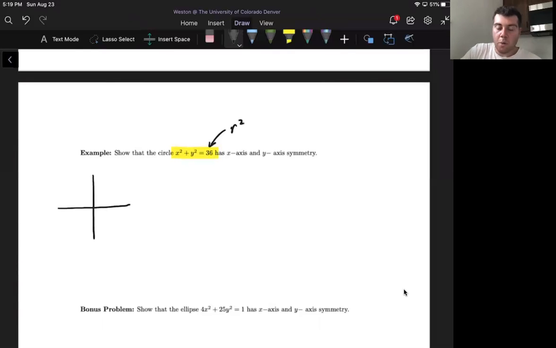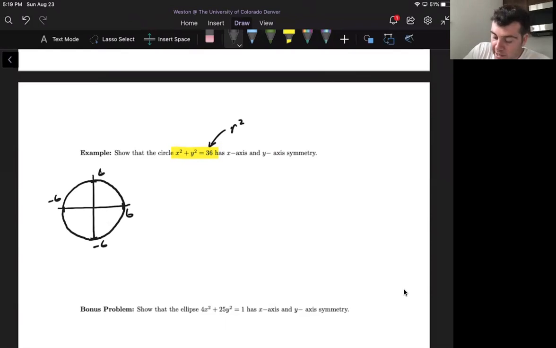So it's our radius squared. So we have a circle with radius 6, centered at the origin, and we want to show that it has x and y-axis symmetry.